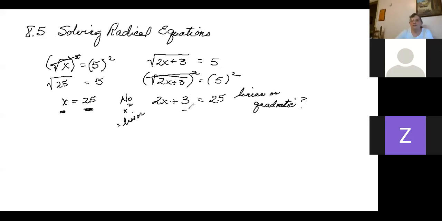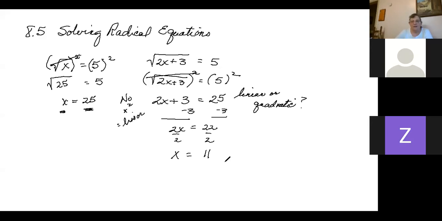So what I want to do is move the 3 over here with the 25. Divide by 2. X equals 11.